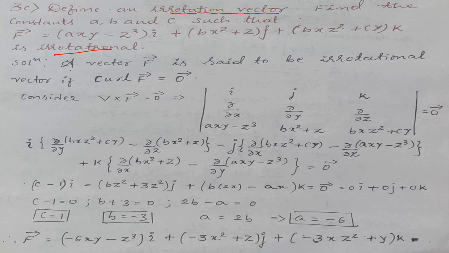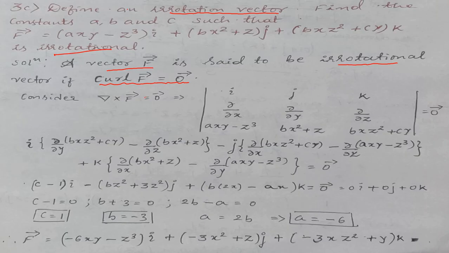So let us go with the definition of irrotational. A vector f is said to be irrotational vector if curl f is equal to 0 vector.